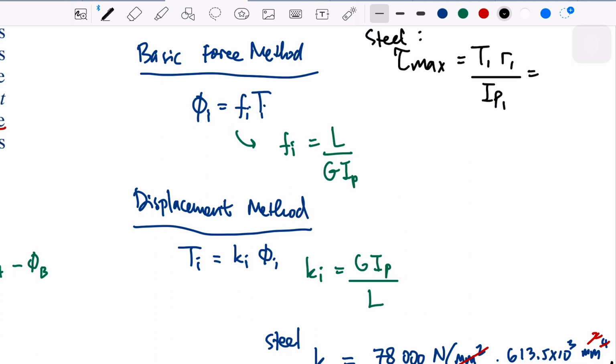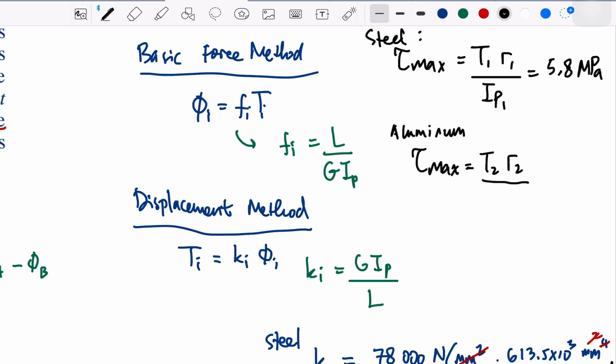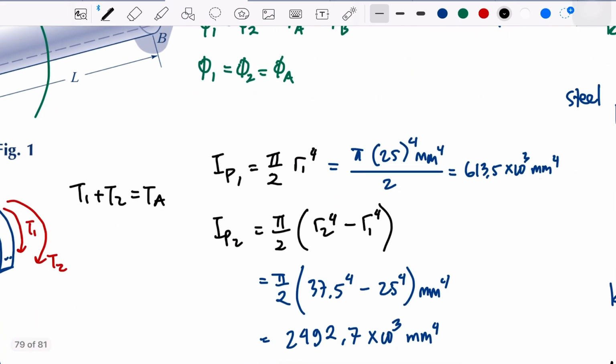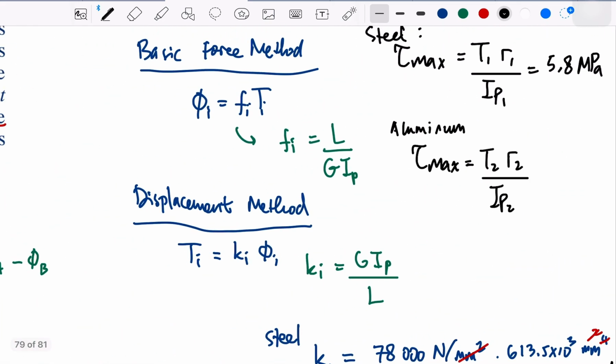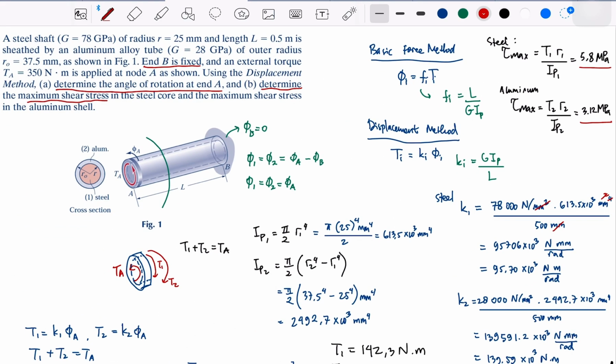If we calculate, this will equal to around 5.8 MPa. And then for the aluminum, this is T2, R2 divided by inertia. Okay. So all the components we have counted already here, so we can just plug in and find that this is going to be that. So we get this, the maximum shear stress.